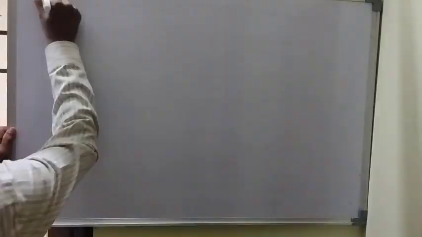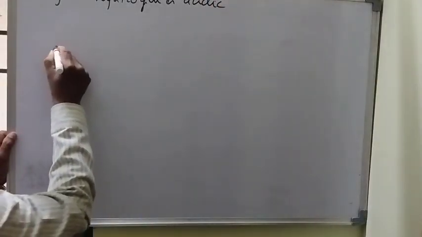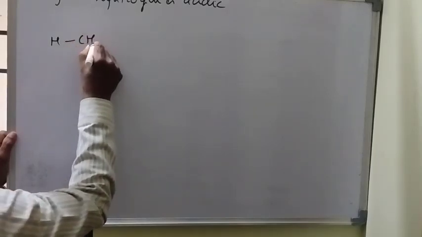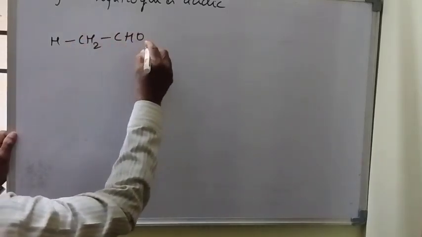Now let us see the cause of acidic hydrogen. Why does the alpha hydrogen become acidic? See here, this is the hydrogen of CH2CHO.